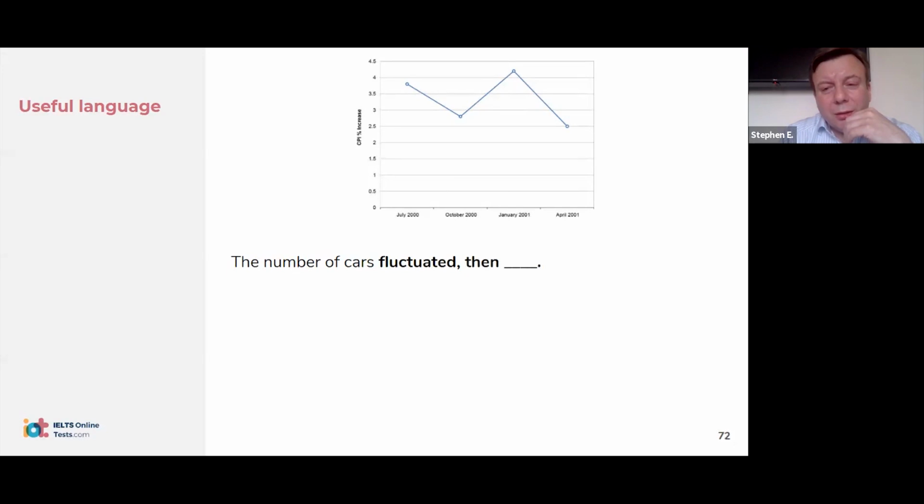Then, sky, yeah. So think of your word forms, fell, okay? The number of cars fluctuated, then fell. Okay, good sentence, yeah.